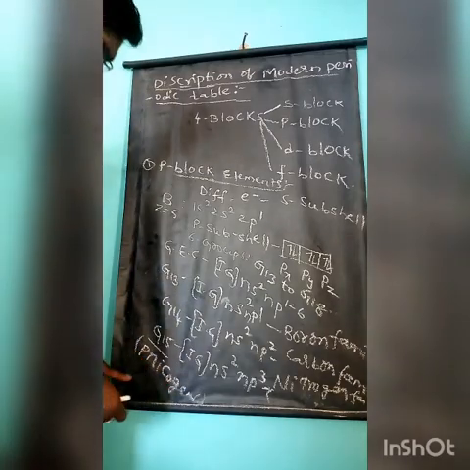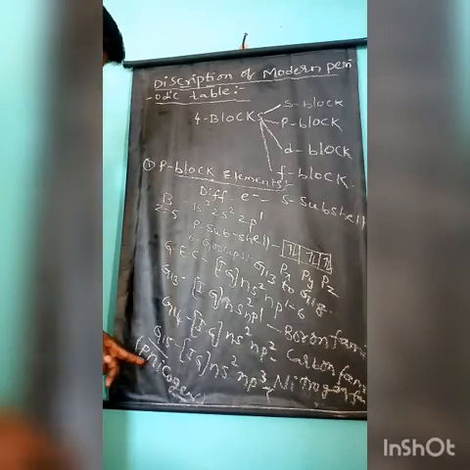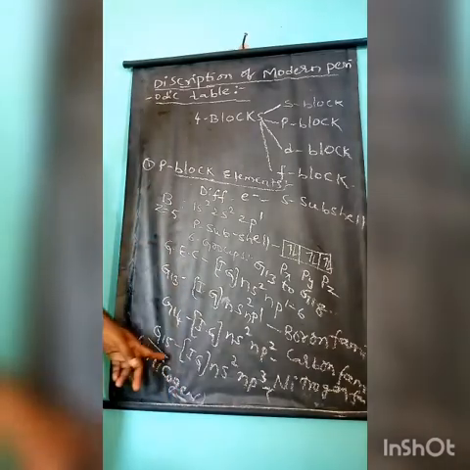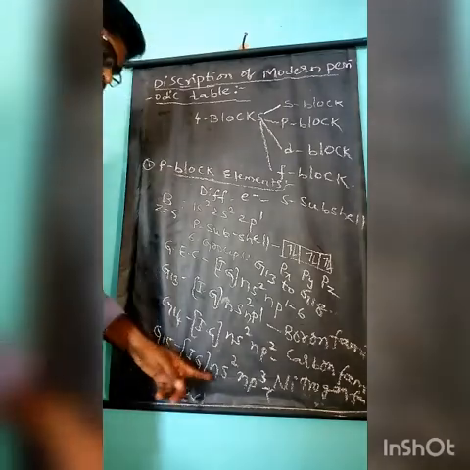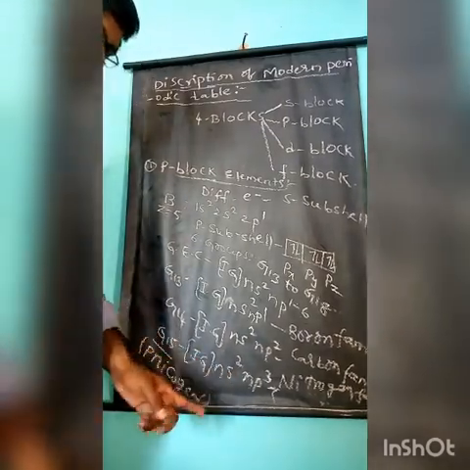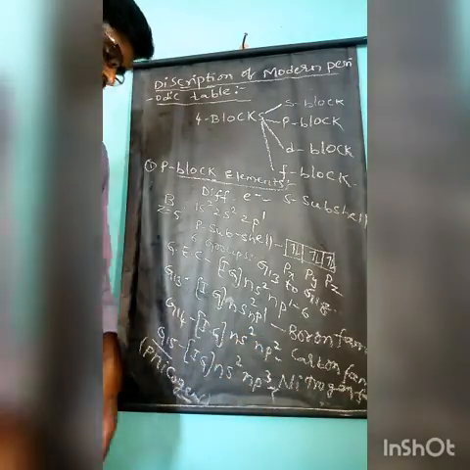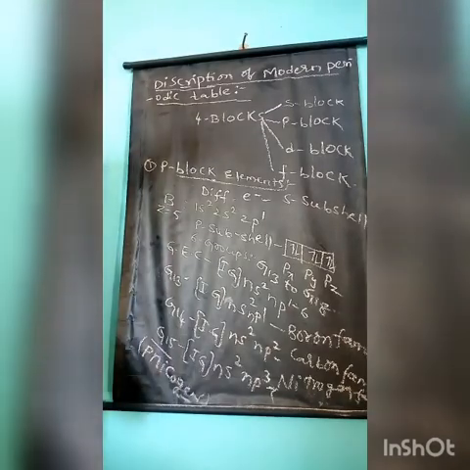That's why they are called pnictogens. The general electronic configuration of G15 elements is inert gas ns2 np3. This group is also called the nitrogen family and is also known as pnictogens.